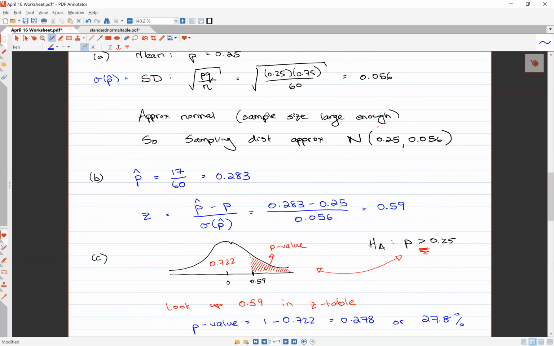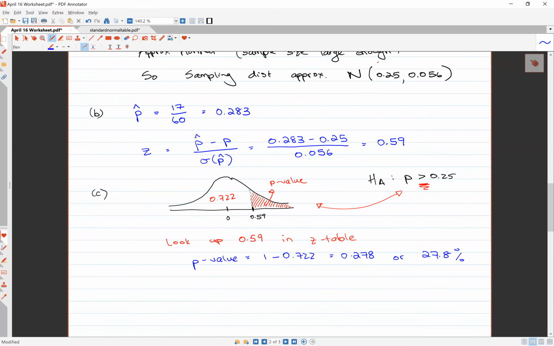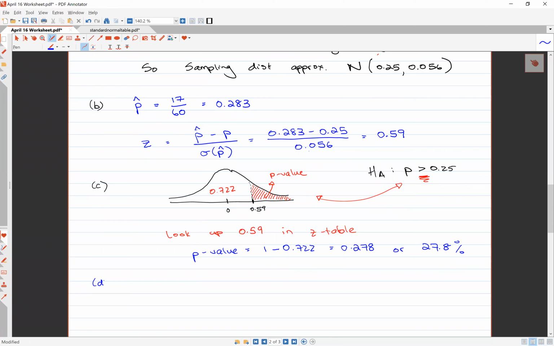So there's our p-value. Now, part D says state your decision with regards to the null hypothesis. Reaching a decision always requires a reference value, and that will typically be provided. I just want to talk you through that here.